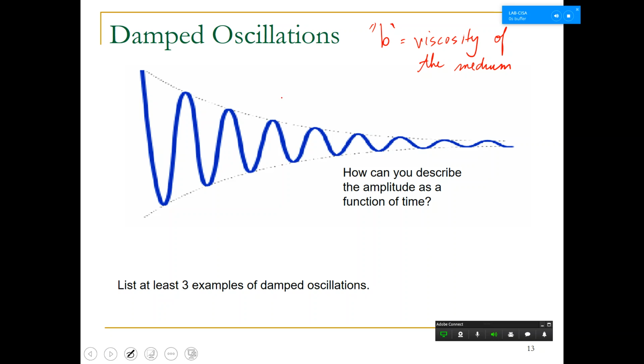Before I talk about angular frequency, I want to point out this specific damped oscillation. You might not see it well from where you are or even on your screens, but there is a dotted line here. You guys see that dotted line?